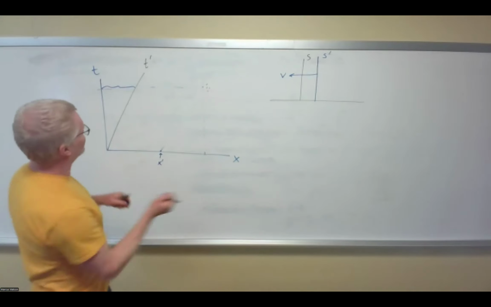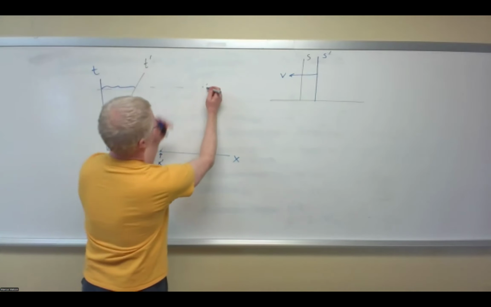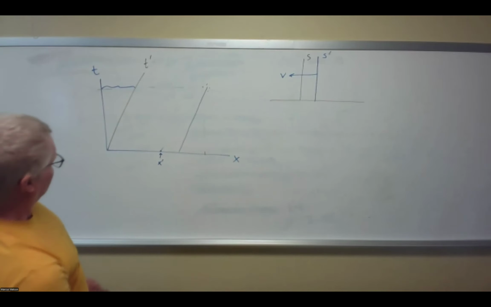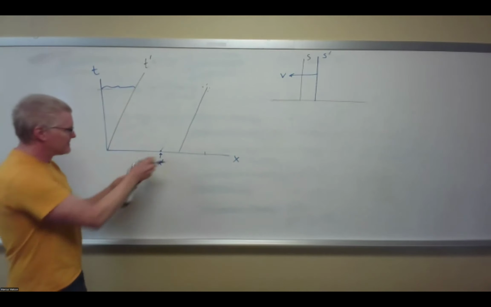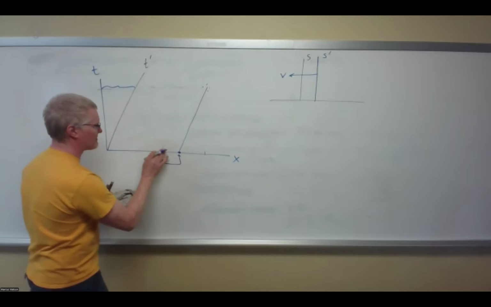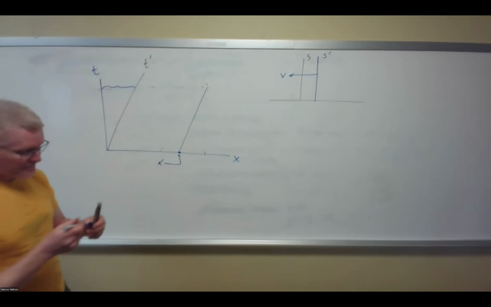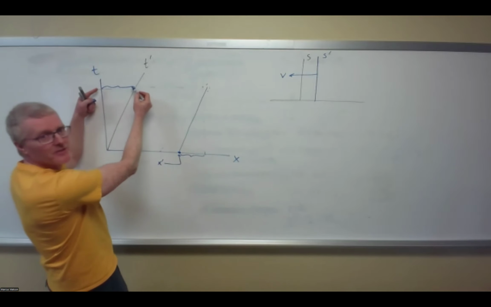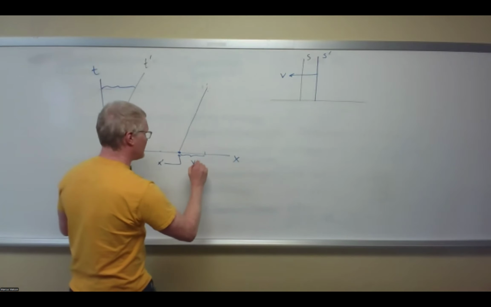I thought that distance looked a bit big. All right, so it's maybe more like this. Okay, so there's x prime. And therefore, this distance here would be the same as this distance here. That's just v times t.